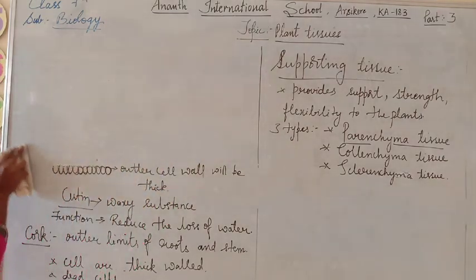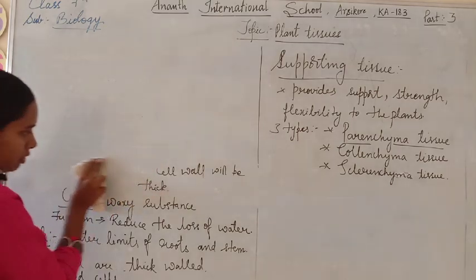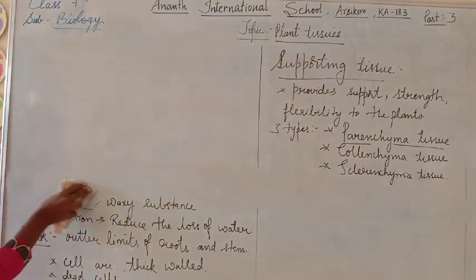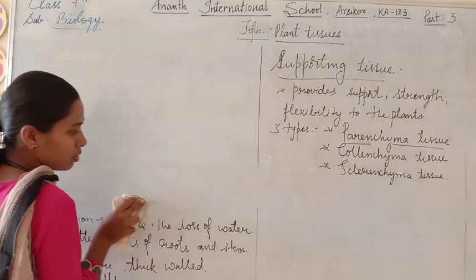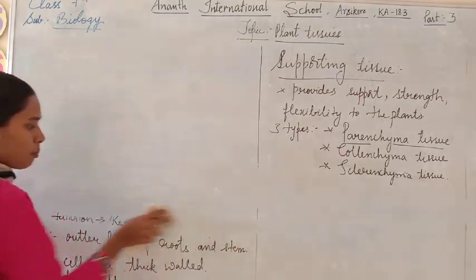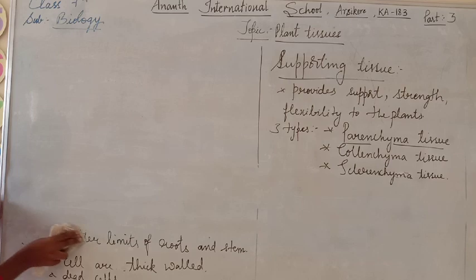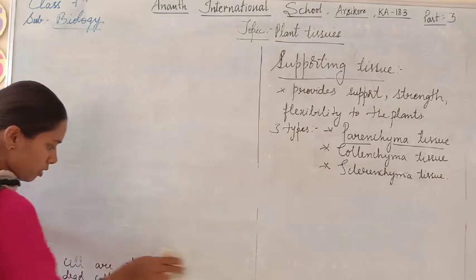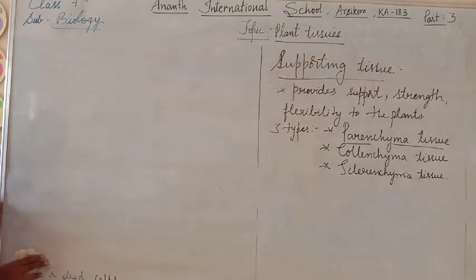Parenchyma is the first type of supporting tissue. Supporting tissue is a type of simple permanent tissue. There are two types, protective tissue and supporting tissue. In supporting tissue there are three types: parenchyma, collenchyma and sclerenchyma.